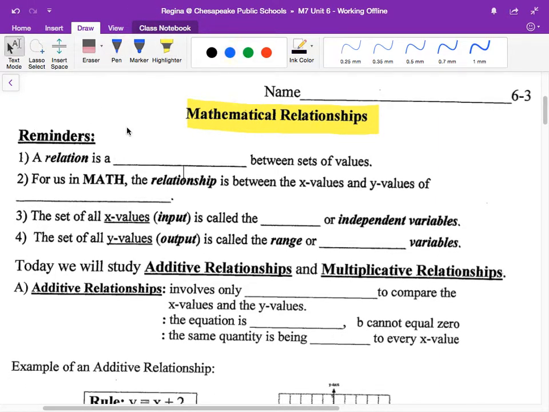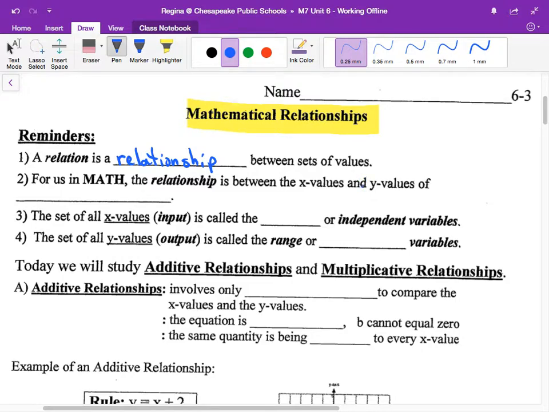A relation is a relationship. Doesn't that sound weird? Sounds redundant. Okay, so when they talk about a relation, it's a relationship between sets of values, because this is math class. So outside of math class, a relationship might mean something else.